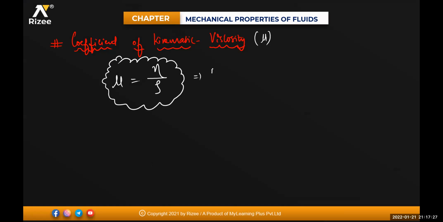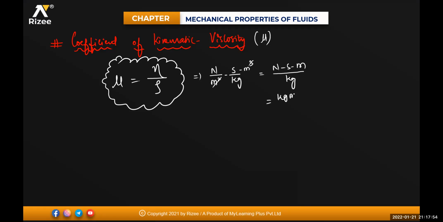Units for this one: eta is Newton per meter square times second, divided by density, which is mass by volume, so kg per meter cube. So this square and this cube will get cancelled, giving Newton second meter divided by kg. 1 Newton is equal to how much, beta?